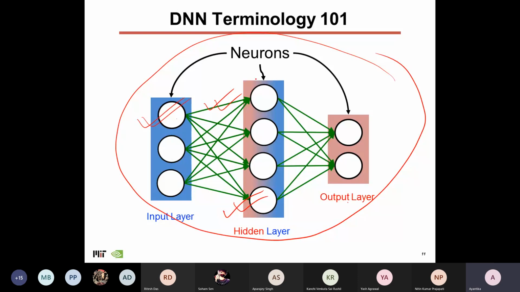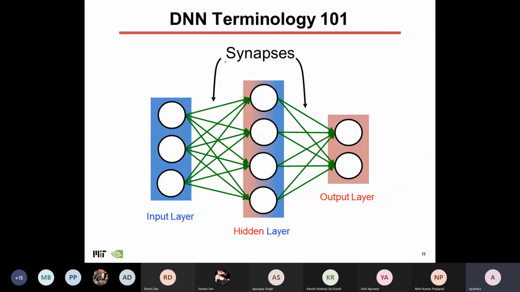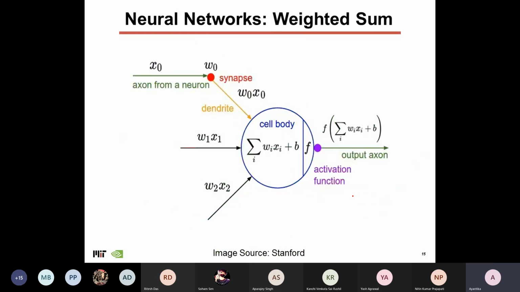As we talked about from our biological sense, these synapses will be associated with some weights. So we have the input layer, the output layer, synapses connected with them, and these synapses are associated with some weights.